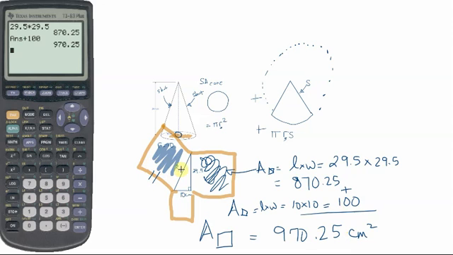Well, conveniently, this is a perfect square, so that means the side lengths are exactly equal to each other. And to figure out the side length, we just have to square root that.